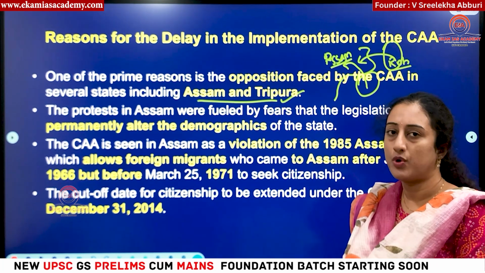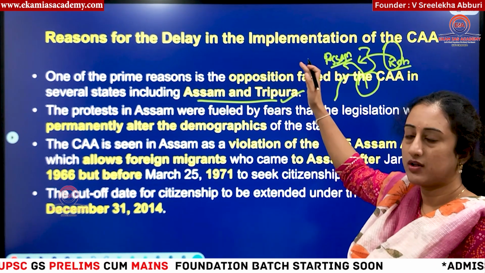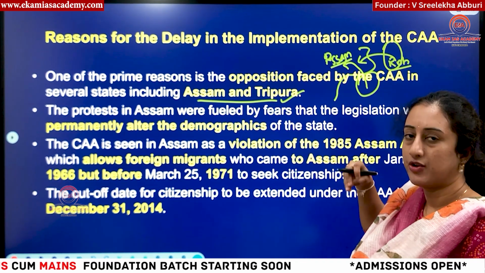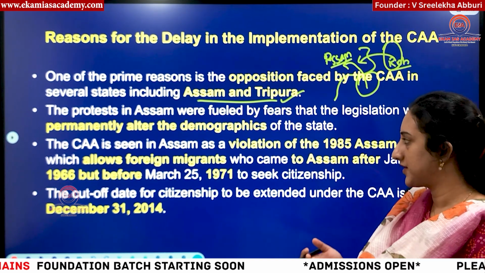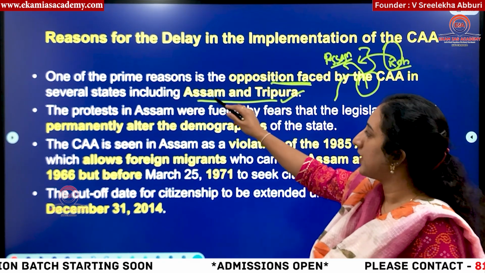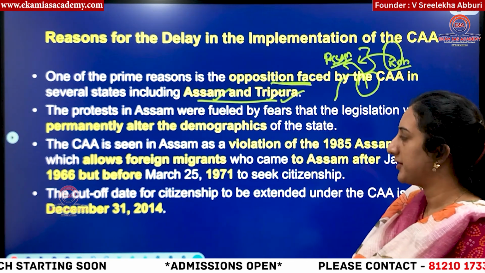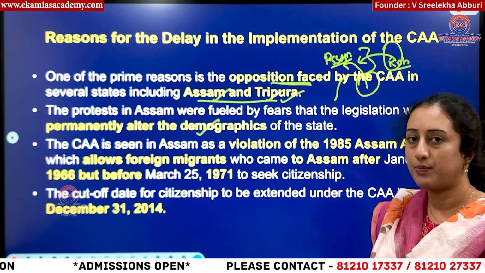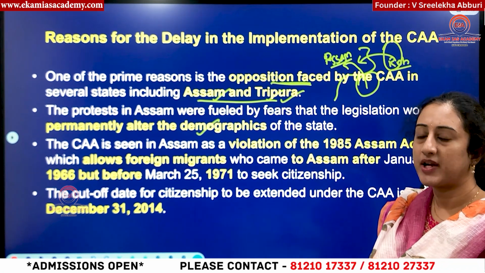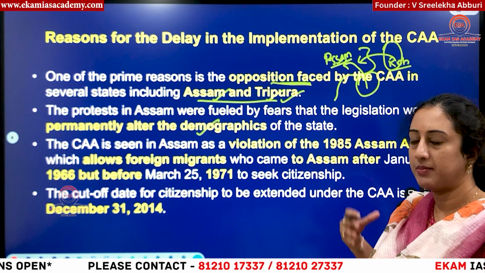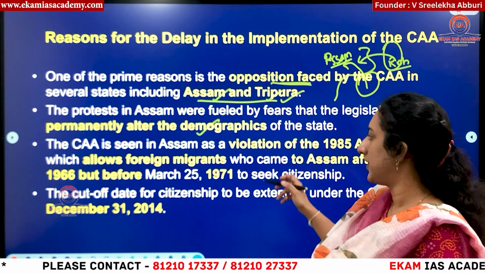They don't want it, because illegal migrants are entering and getting the same level of benefits from the government as the natives. Also, it is going to alter the demographic, that is population, trends, because if these migrants come in large numbers, then the actual natives will be in a minority and these people can become the majority. That is one fear they have in mind.